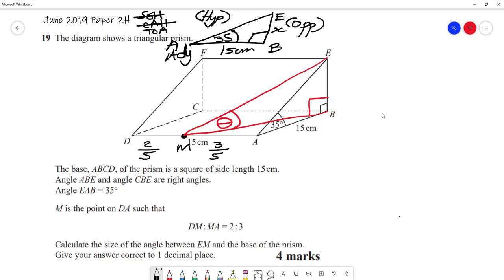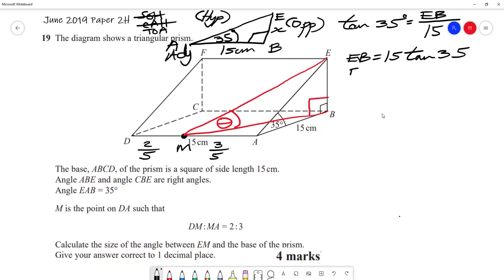So we've got tan, so it's going to be tan of 35 degrees equals the opposite, I'm going to call it just EB, because that's the side we need, divided by the adjacent side, which is 15. So EB is 15 tan 35.